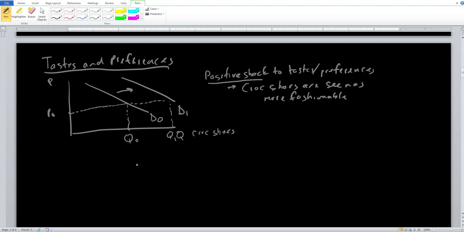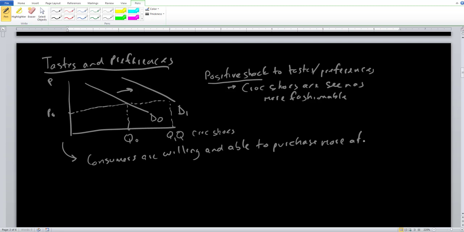So this tells us that consumers are willing and able to purchase more at all prices. So here, with an increase or a positive shock to tastes and preferences, that's going to increase our demand curve, shift it over to the right, and we end up on D1 now.